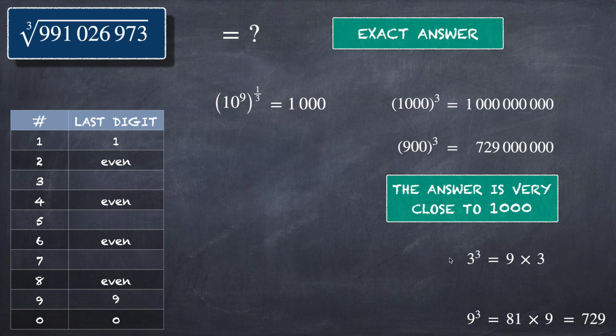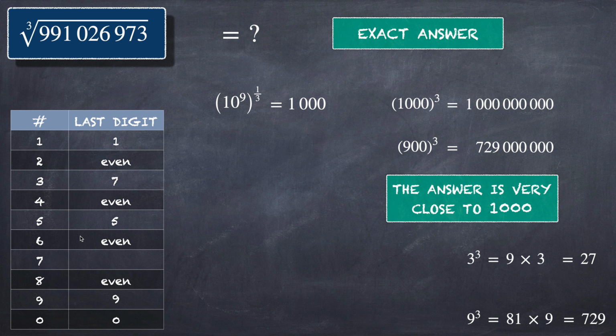Well, it's not 3 as well, because 3 to the third power is 3 squared, 9 times 3, which is 27. The last digit is 7. So it's not the case. And it's not 5 as well, because 5 raised to any integer power will end in 5. The last digit will be 5.